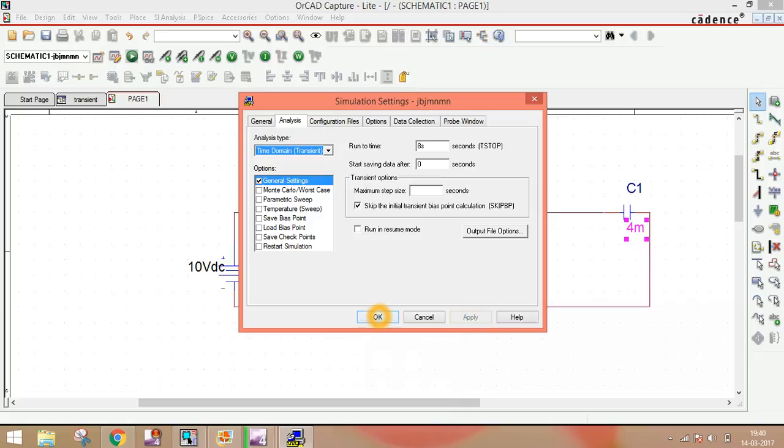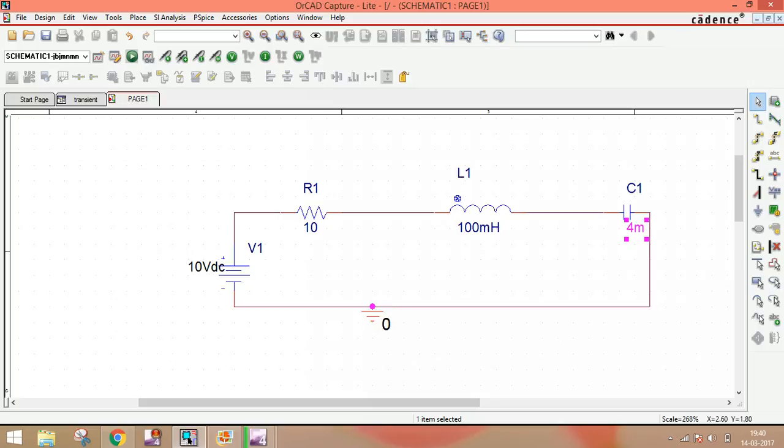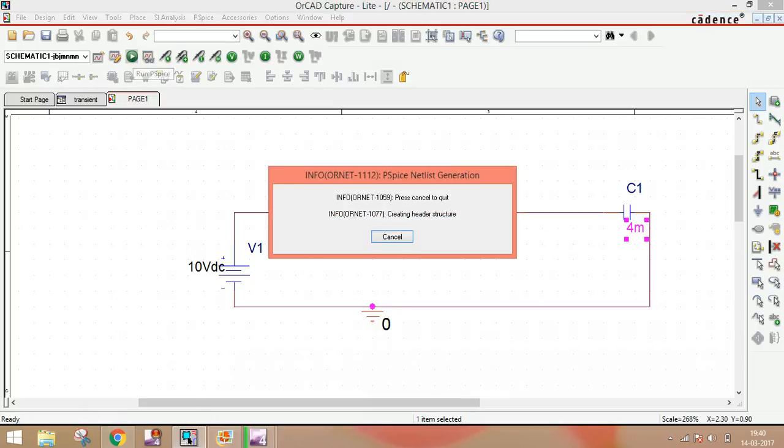Now we set 8 seconds. I don't know what it should be, you can set anything. 8 seconds I set. Now simply run PSpice.